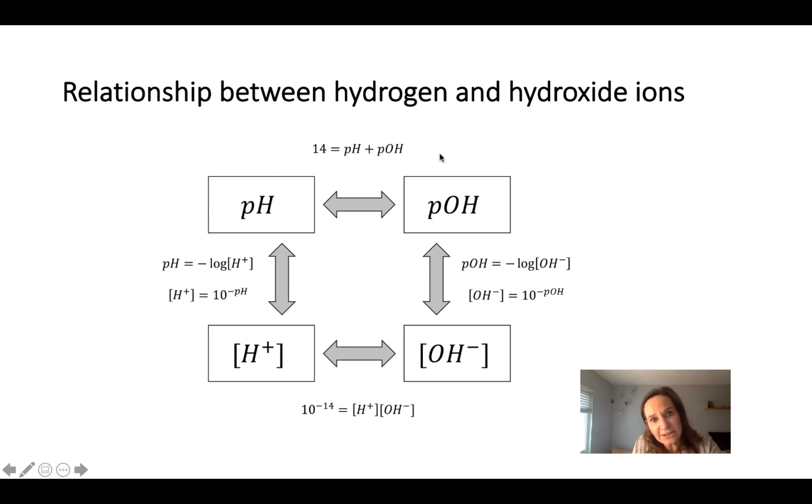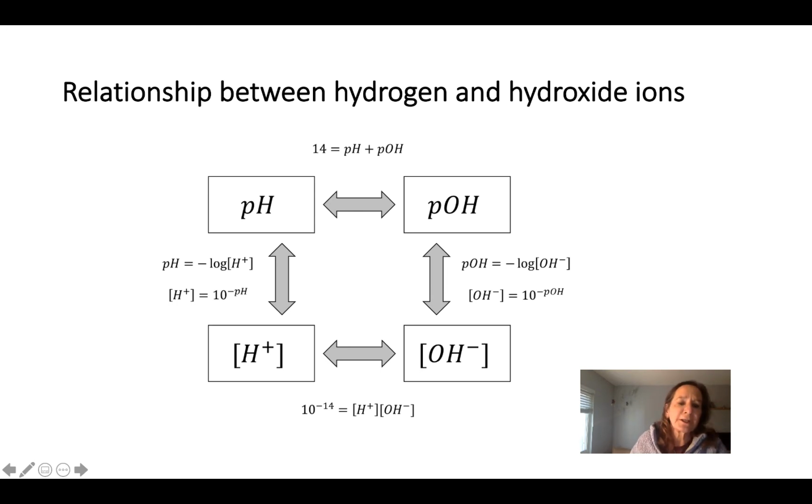For me, it's easier to always talk in terms of pH and pOH because my numbers are smaller, or in this case they're larger, but they're whole numbers that we can more easily talk about.